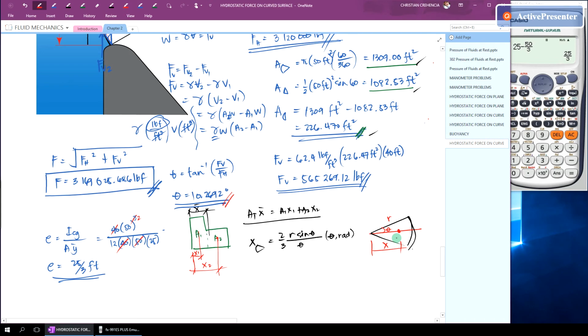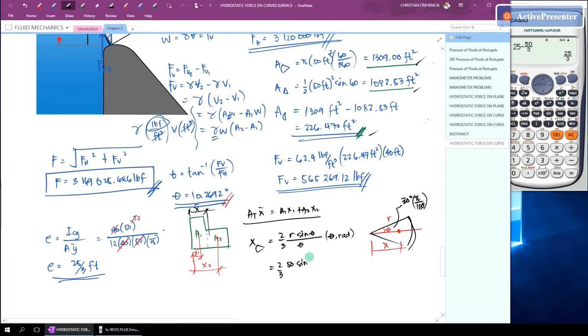So let's solve. This is 2/3, the radius is 50, sine of our angle, which is again 30 degrees. Let's convert to radians: pi over 180 degrees, so 3 over 18 is 1/6.